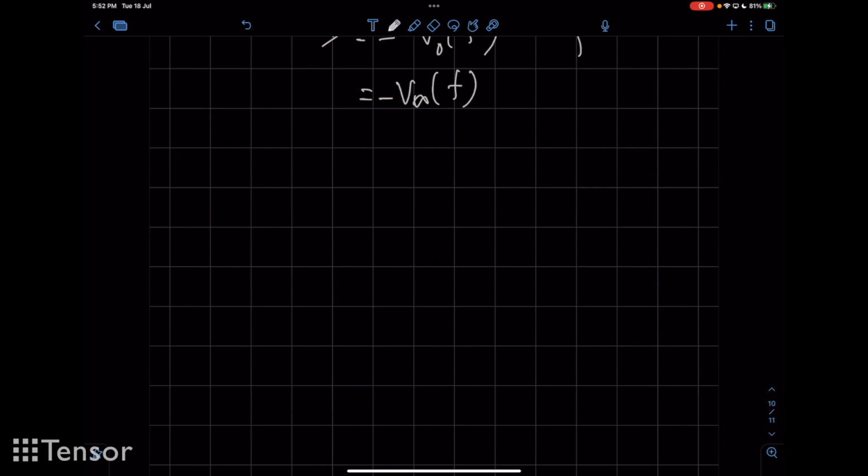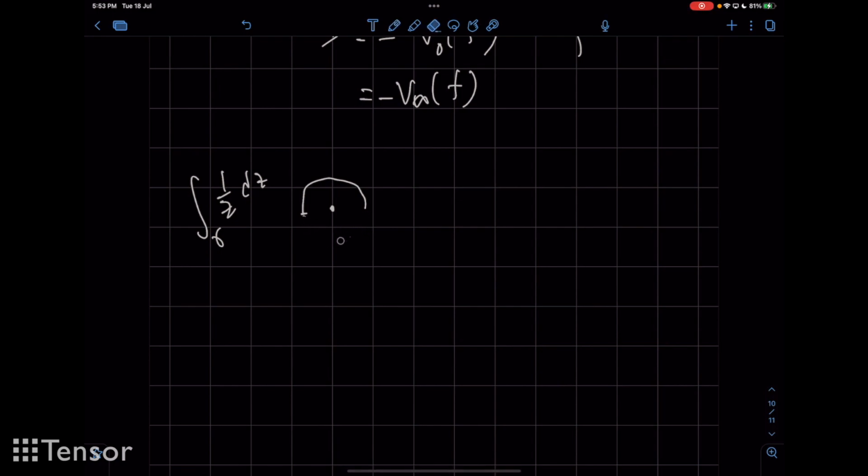Also, a slight detour. Let's say I'm integrating 1 over z over some curve gamma, and now gamma is not the whole unit circle. Let's say gamma is just half of the unit circle.